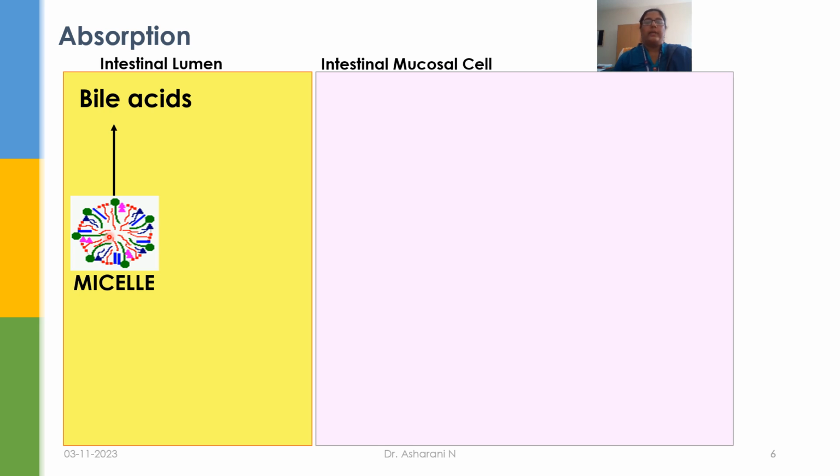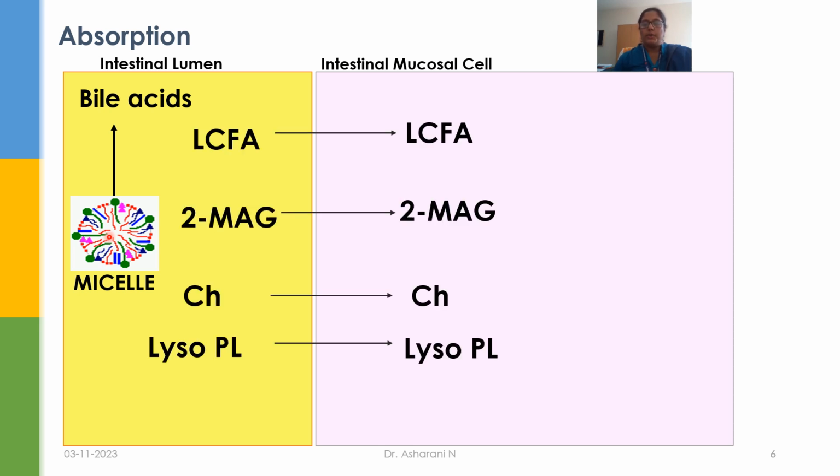Before their absorption into the mucosal cell, bile acids are removed, and the digested products like 2-MAG, long chain fatty acids, cholesterol, and lysophospholipids are absorbed into the mucosal cell.